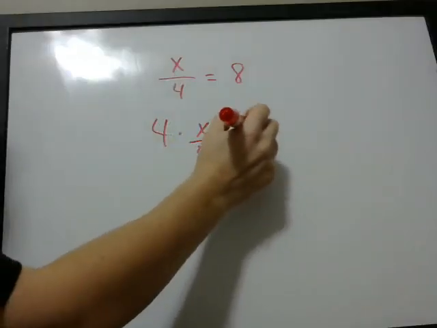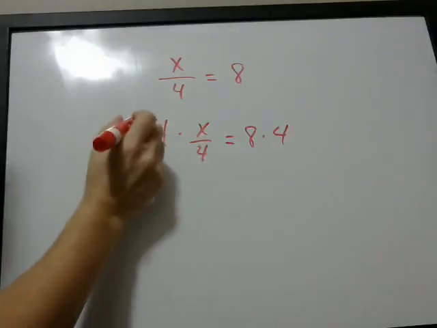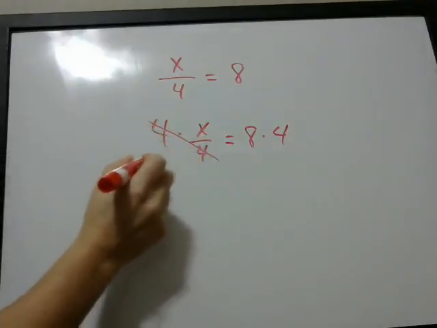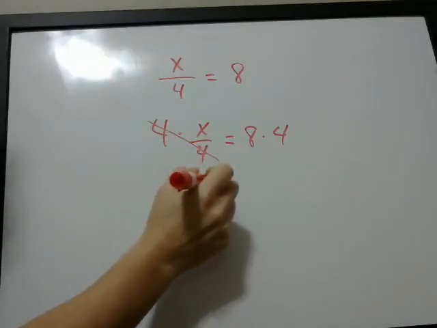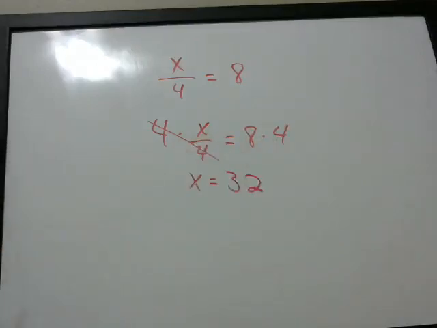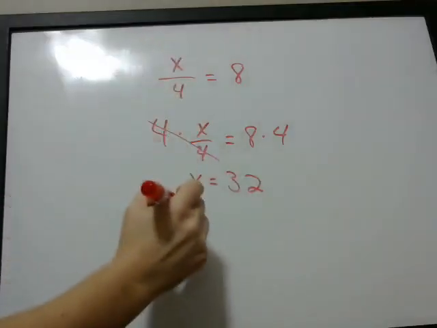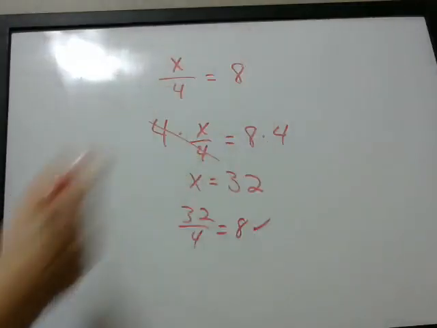If we multiply by 4 on one side, we have to multiply by 4 on the other side. So these two things are going to cancel out because it's 4 divided by 4 essentially. We're left with x equals 8 times 4, which is 32. So x equals 32 is the answer. If you plug 32 in, 32 divided by 4 is 8. That checks out.